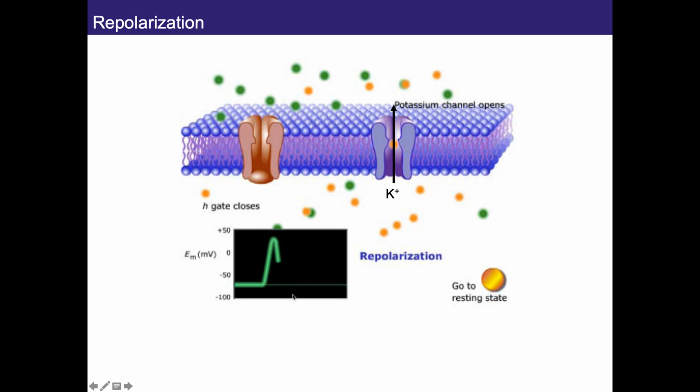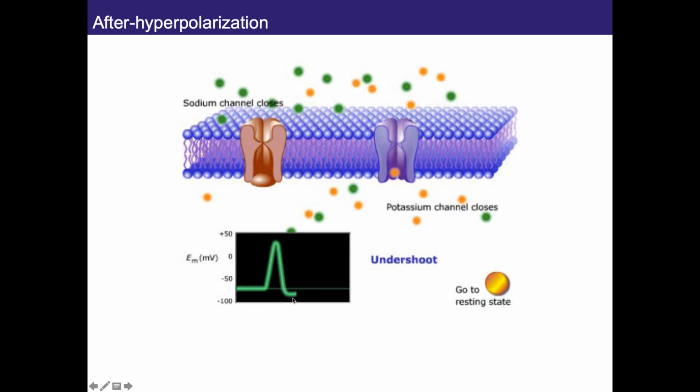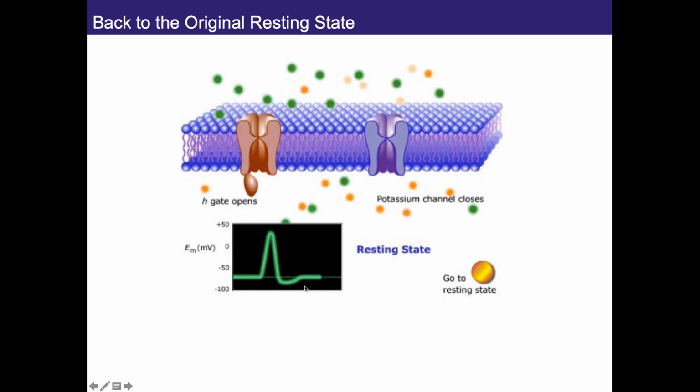It actually goes even more hyperpolarized than the resting membrane potential, because there are two populations of potassium channels open. And then when these delayed potassium channels close, that's when it goes back to 90% potassium, 10% sodium.